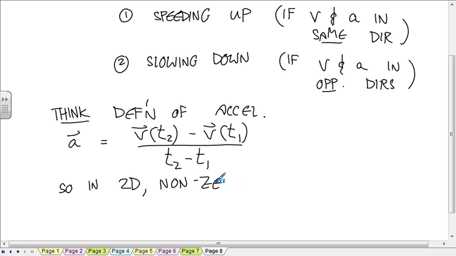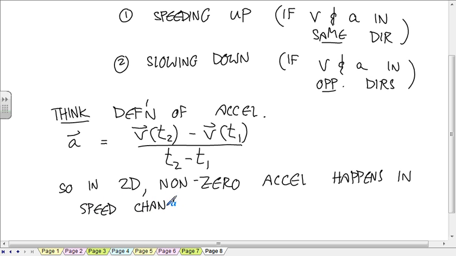So a non-zero acceleration happens if the speed is changing or if the direction changes.